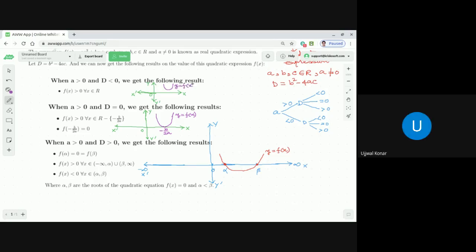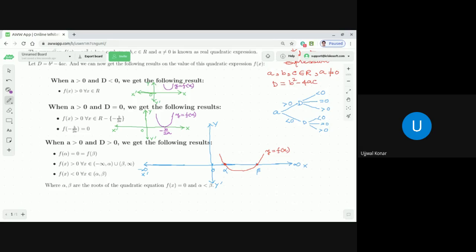So in the first case we get that f(x) is always greater than 0. In the second case we see that f(x) is greater than 0 in all the cases except minus b by 2a. And in the third case, dear students, f(x) is 0 at two points, alpha and beta. Between minus infinity and alpha, it is greater than 0.